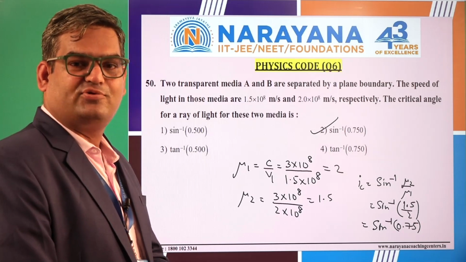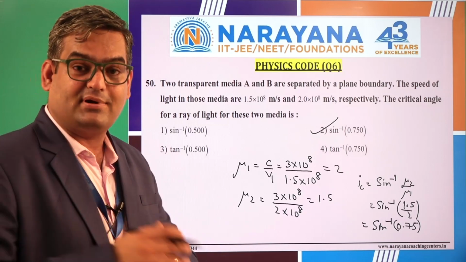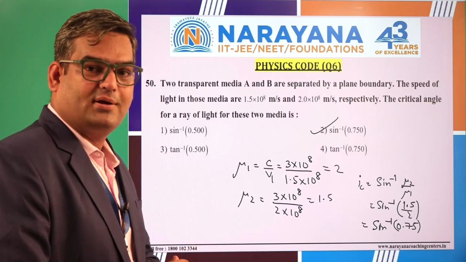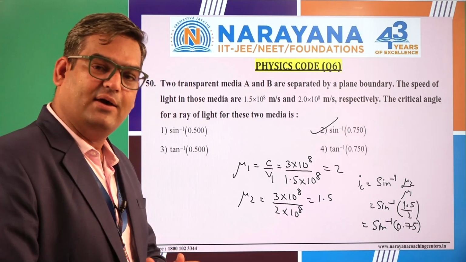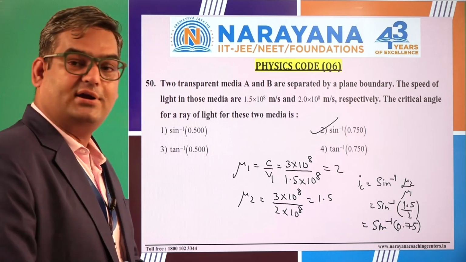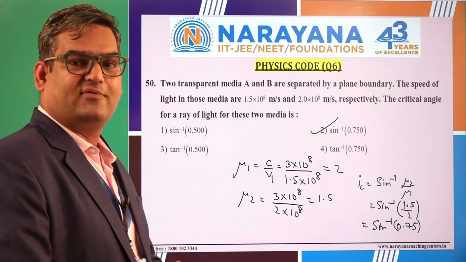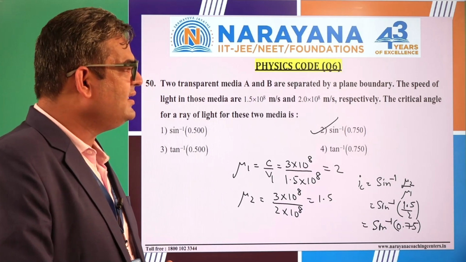But a student has to be choosy to be able to leave those questions for attempting at the last. In this particular paper 11th class questions were around 20 and 12th class questions were around 30. So more weightage was given to 12th class questions, and overall difficulty level was easy.